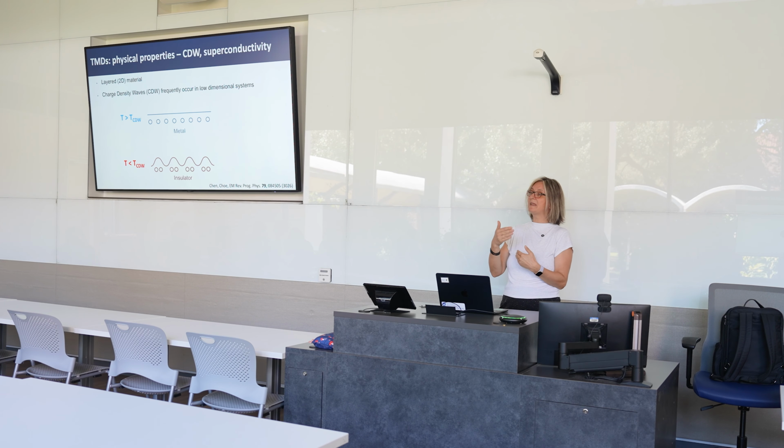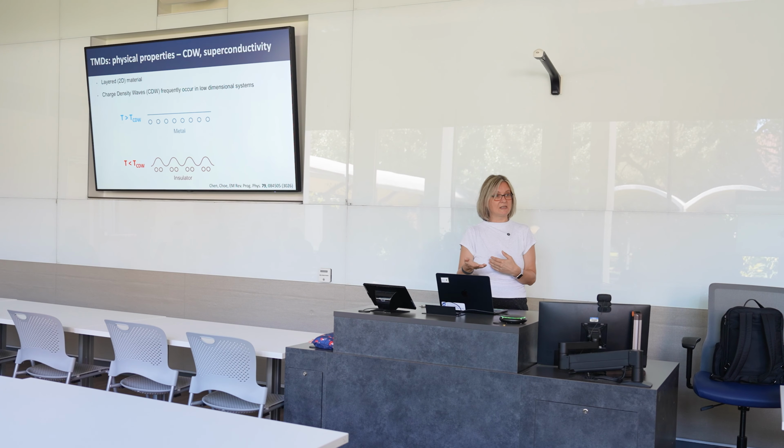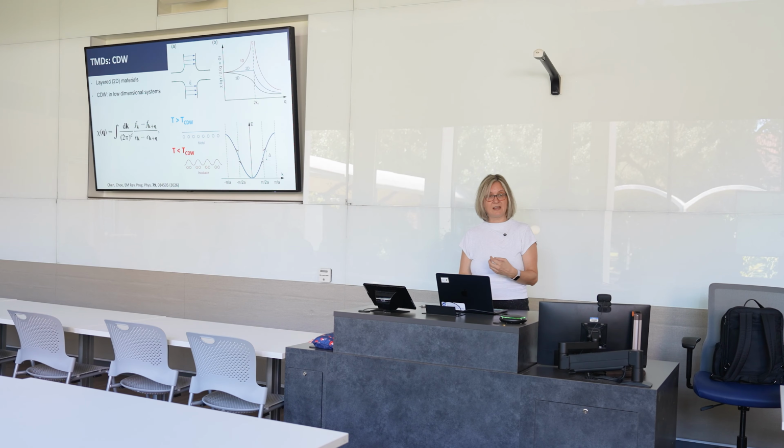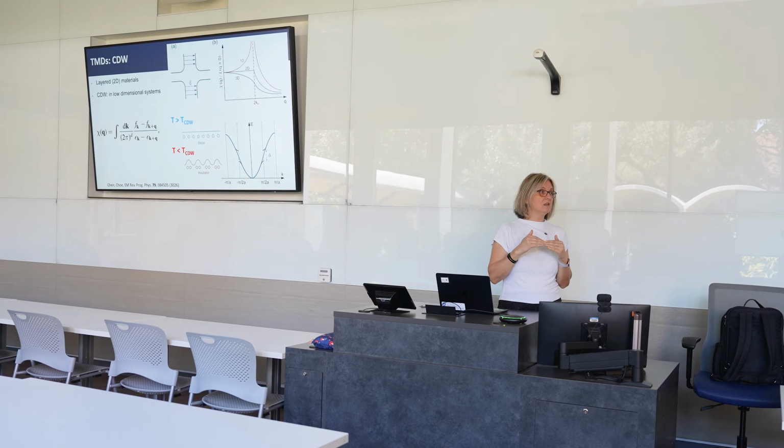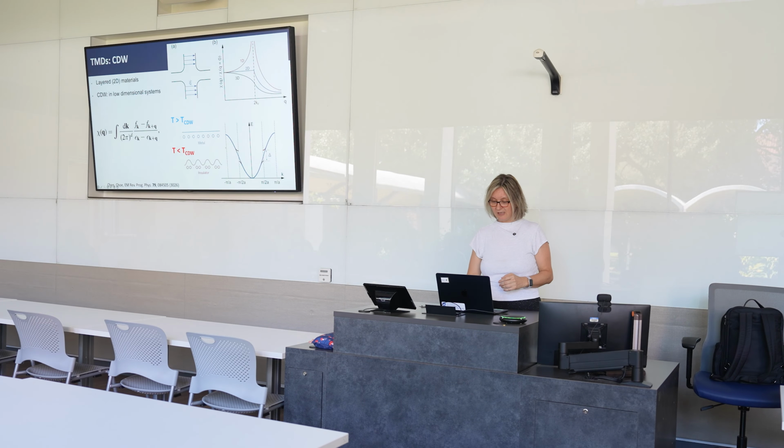Well then, how does a charge density wave come about? There has to be some gain in energy when this happens that balances out the cost in Coulomb energy, right? That gain in energy comes from the fact that, as you may know, when you introduce a new periodicity in the lattice, you're opening up a gap. So that's what happens over here.